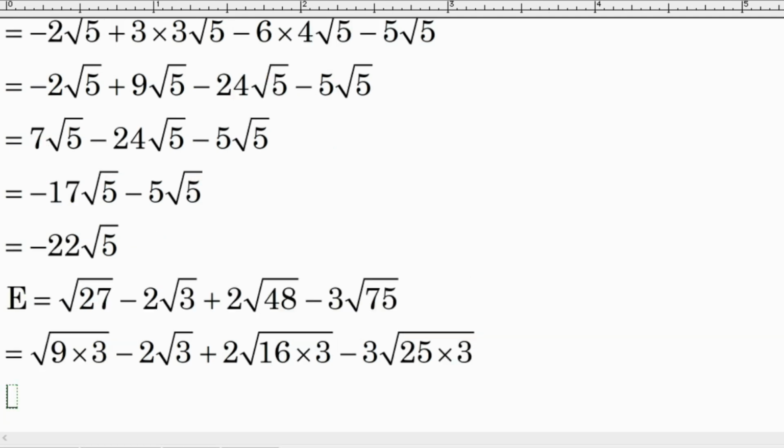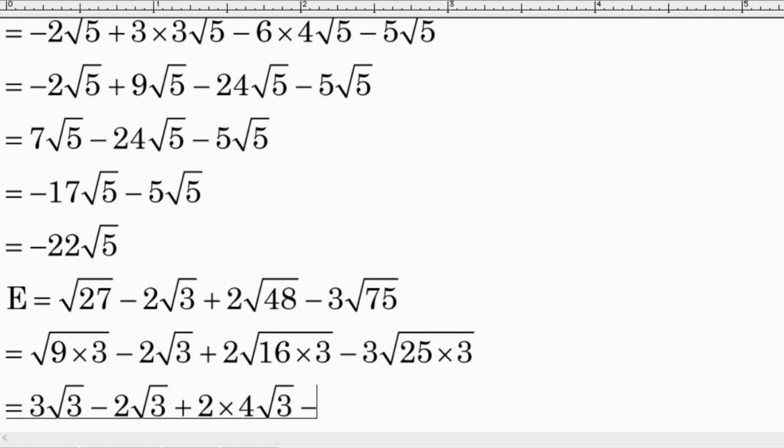Okay, alright, so then equal to, so square root of 9 is equal to 3, so 3 square root of 3, and then minus 2 square root of 3, and then plus, so we got 2 times 4 here because 16 is a perfect square and it gives us 4, and then 4 square root of 3, and then minus 3 times square root of 25, which is equal to 5, so that will be 3 times 5, and then square root of 3.